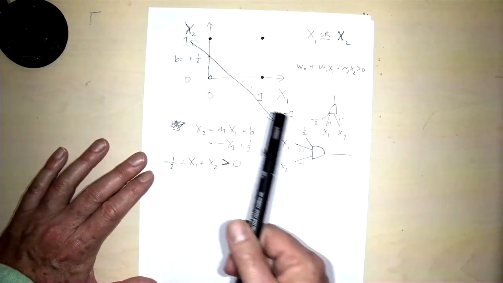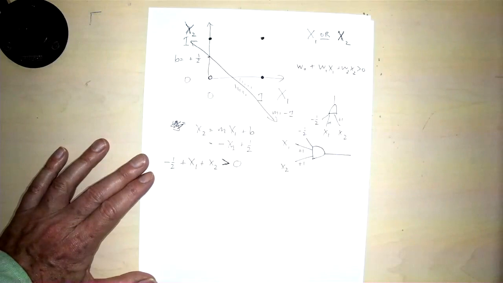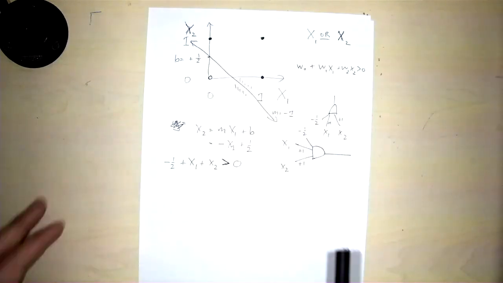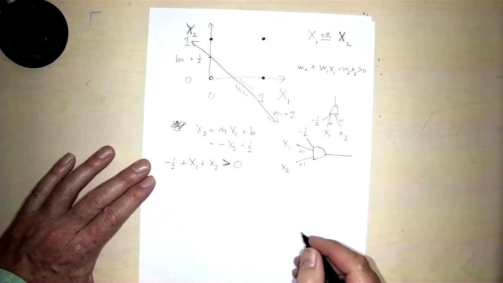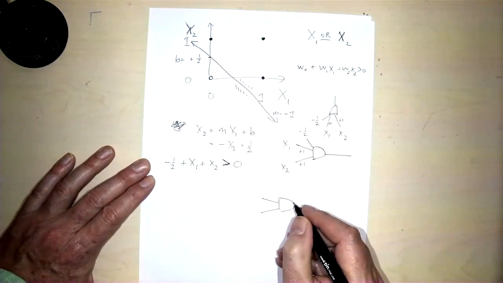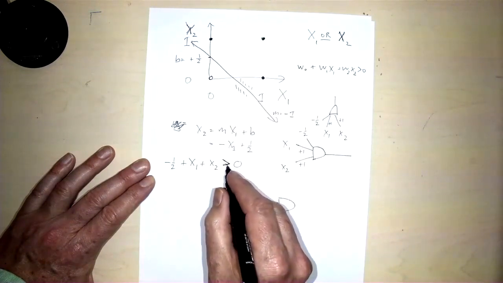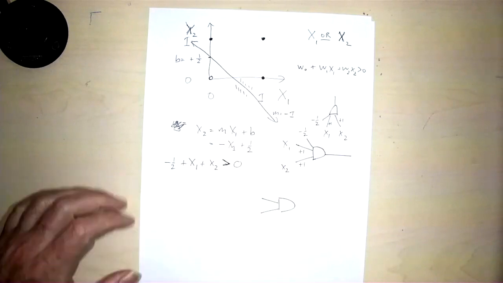Now, what would happen if we looked on the other side of the line? So let's say we negated all of these weights. So the other side of this equation would be where this sum is less than 0.